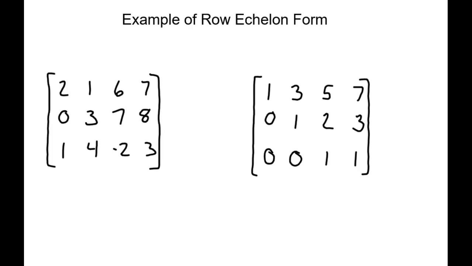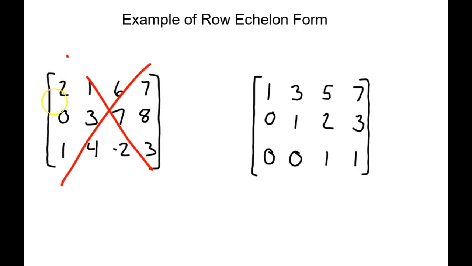So now we're going to look at a couple of matrices. One of these matrices is in row echelon form, the other is not. So we're going to talk about some of those conditions that we just referred to on the previous slide. The one on the left is not going to be in row echelon form. The one on the right is. The reason the one on the left is not in row echelon form is because the second condition told us that in any row where there are non-zero entries, the leading entry must be a 1.